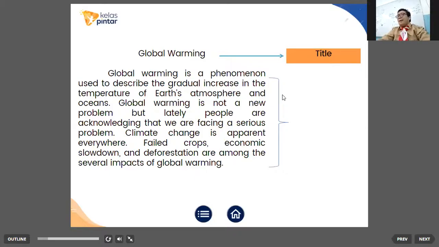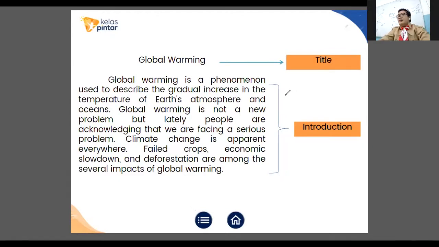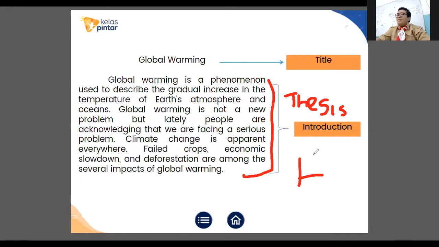Now let's take a look at this. When we take a look at the thesis part, actually it is the highlighted topic. Ya, jadi di part ini adalah yang menjadi highlight, okay, highlight.